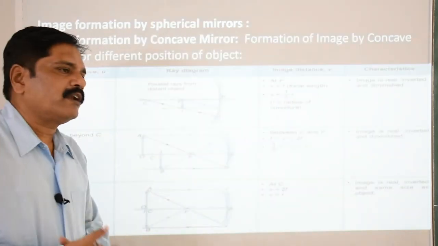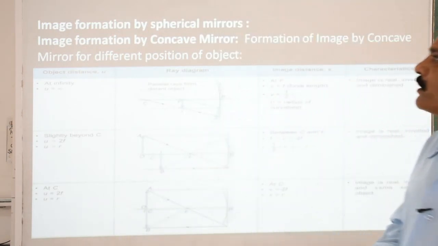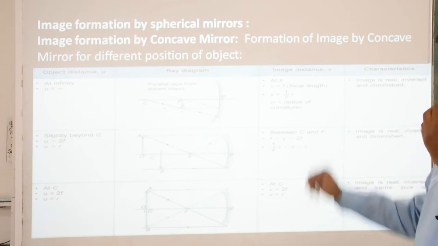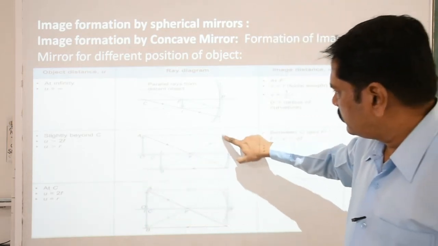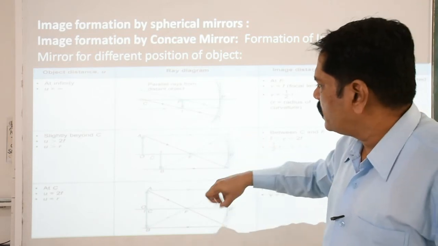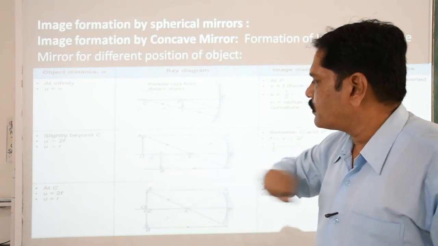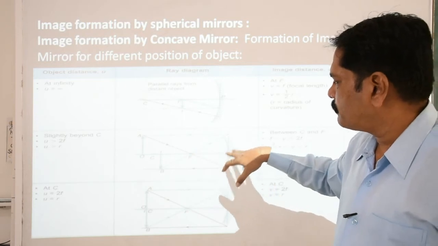Now we are going to discuss image formation by the concave mirror. Here, in this tabular form, you can learn this. This is the principal axis, and this is the curved surface, which is a concave surface. C stands for the center of curvature, F stands for the focus of the mirror.